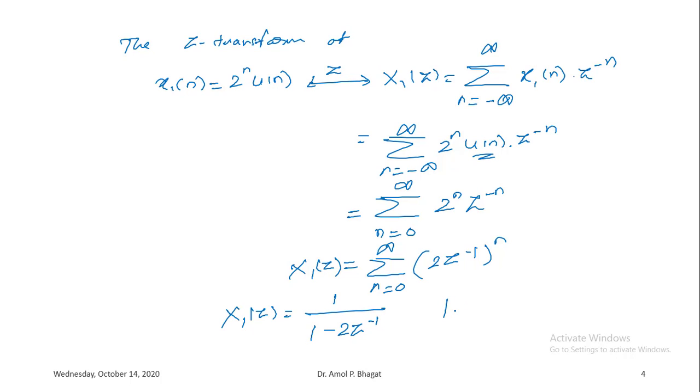That means the ROC for this X1 of z will be mod z greater than 2, because if I send z inverse to the right hand side, it becomes 1 upon z inverse, and taking it to the numerator, it will be z. So 2 is less than mod z. This is the z transform of x1 of n.